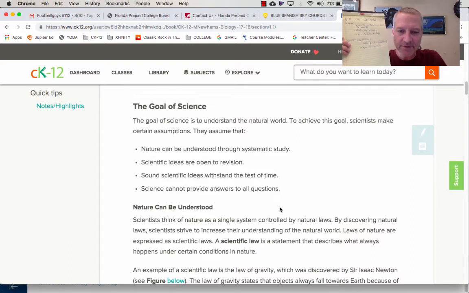I noticed the next two say ideas. Isn't nature being understood like the ideas that is being understood? So you could say, yeah, well, that's logical. Okay. All right. I'm not going to say blank are open to revision. That's not the way I ask questions. Okay? Scientific ideas withstand the test of time.